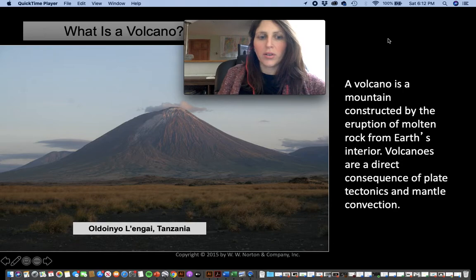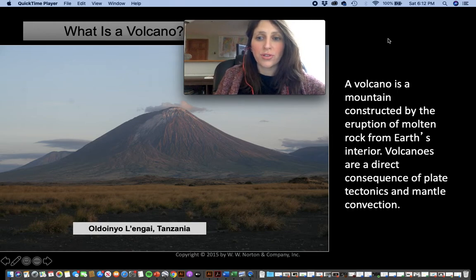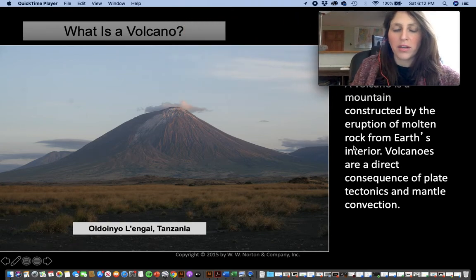Okay, what is a volcano? A volcano is a mountain constructed by the eruption of molten rock. So they're basically mountains filled with lava or magma, and they are caused due to plate tectonics and mantle convection. So you will find volcanoes anywhere you find a plate boundary.